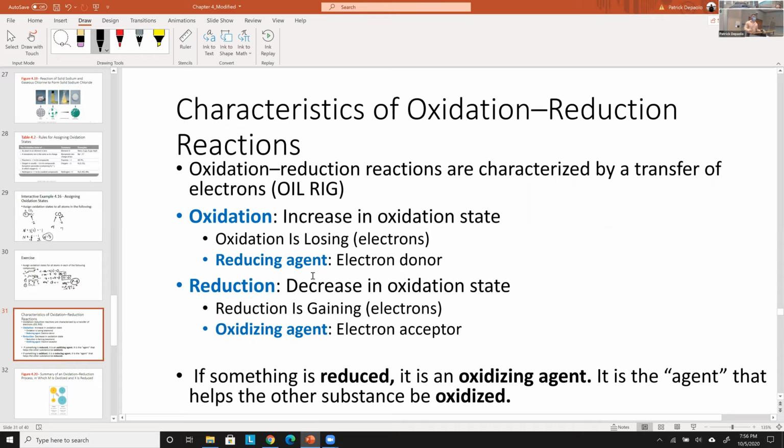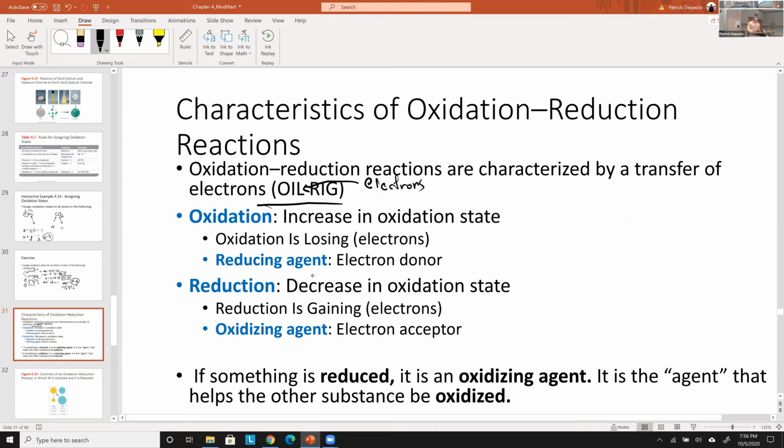So here's where this comes into play. Maybe you've heard from high school this acronym, OIL RIG. OIL stands for oxidation is losing electrons. RIG, reduction is gaining electrons.